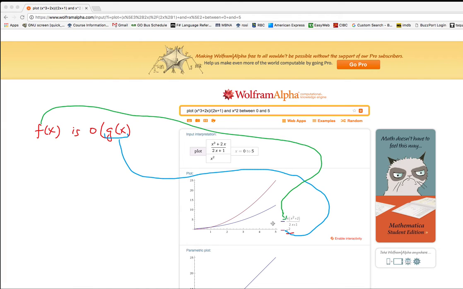Okay, now you can see that the function in red is basically going to be the upper bound on the function in blue, and this shows you that the expression f of x being BigO of g of x is actually correct. This is correct for what values of c? Well, in this case, c equals 1, and what values of k?